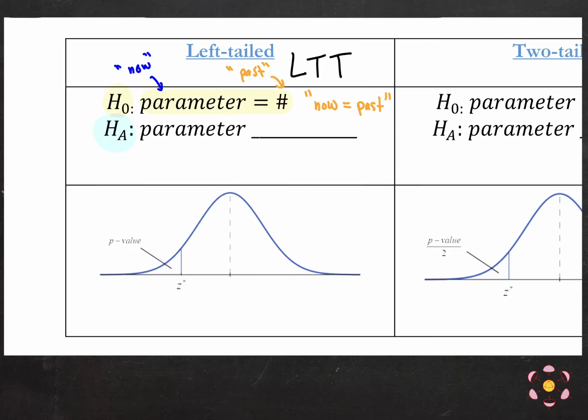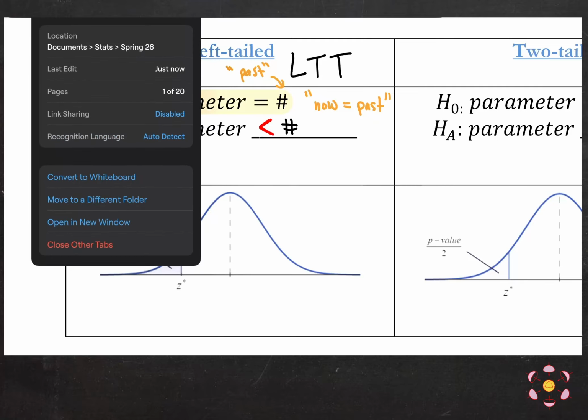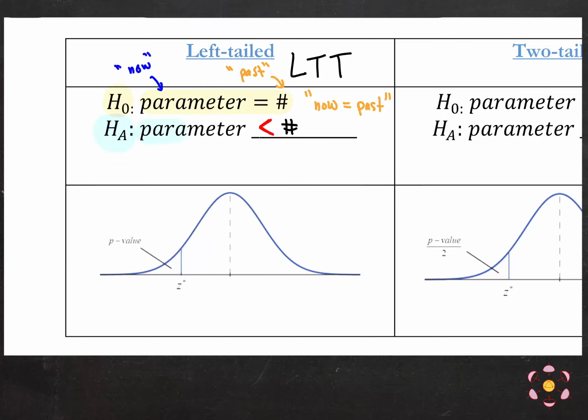What's our alternative hypothesis? Well, with a left-tailed test, we're going to say that the parameter is less than whatever the past number is, okay? And what this says is essentially that we think that the parameter now is less than the number from the past.